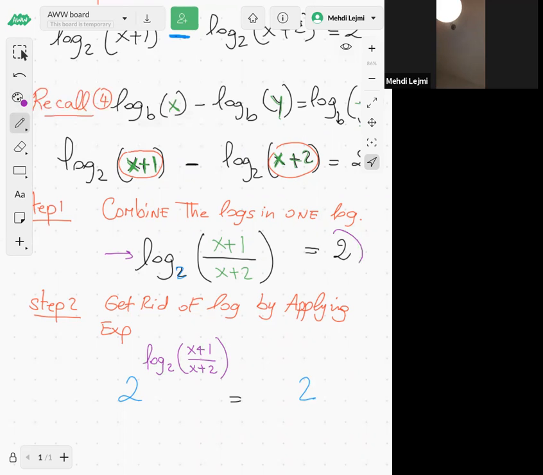And on the right side, it's 2. That's why we have 2 here, because on the right side I have 2. It's not because the base is 2, it's because the right side is 2. That's why I have 2 here as exponent, right?